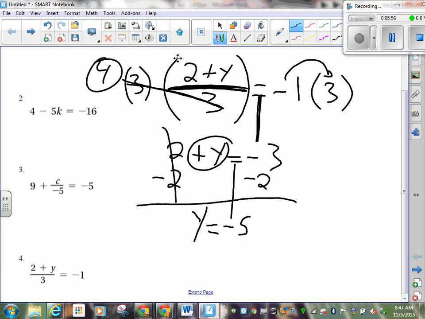Some of you are thinking the negative and negative is a positive. That's only when you multiply. Here you are subtracting. Negative 3 minus 2 is negative 5. Again, you can plug it back into the original equation and check your answer. Okay? Any questions?